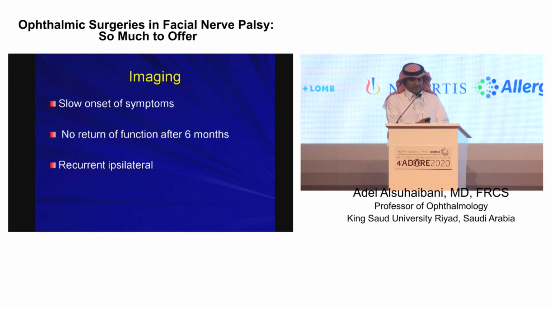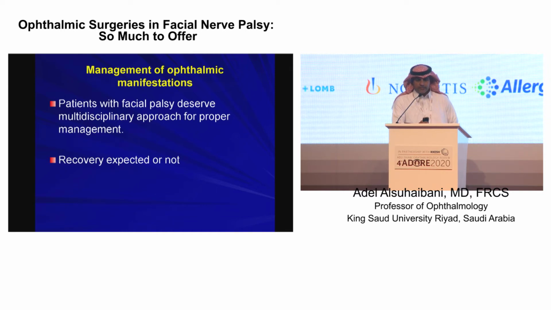Typically, the question is, do you need to image or not? If it's slow-onset facial palsy, that means there's something slowly compressive, so I recommend imaging these patients. And if the patient is not improving over a few months from onset, I recommend imaging. Also, patients with recurrent facial palsy deserve to be imaged.